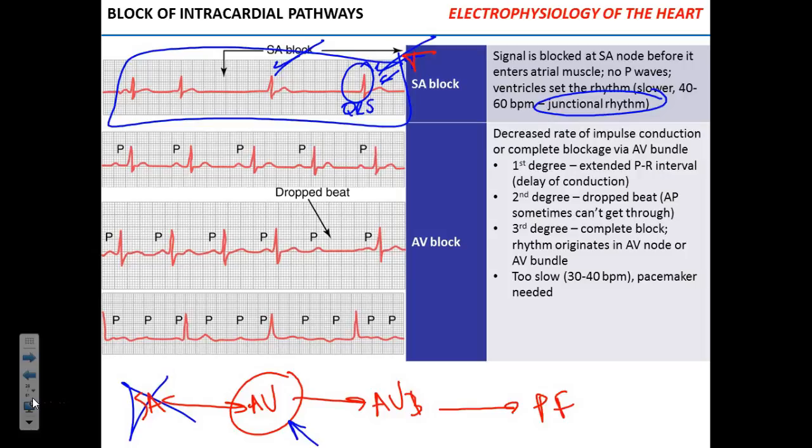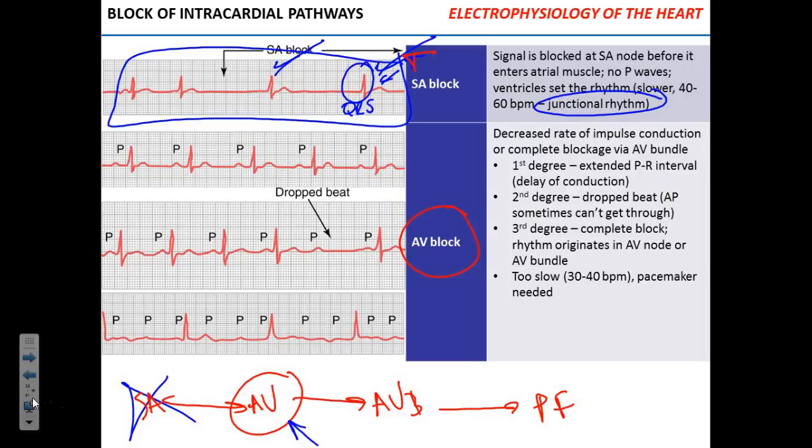Another problem is atrioventricular node block, or AV block. Atria and ventricles, are they electrically connected? It's a tricky question.